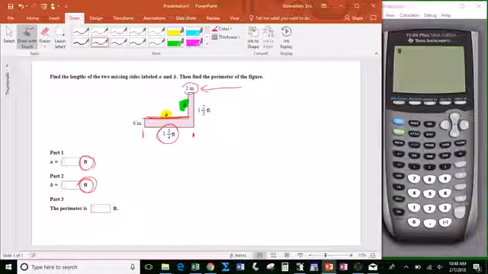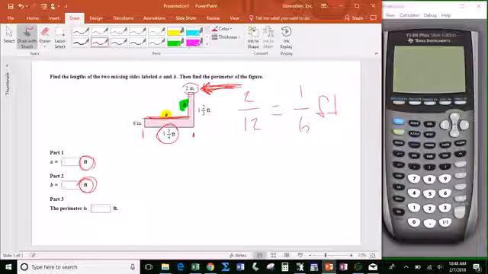A foot is 12 inches, so that 2 represents 2 out of the 12, which reduces to 1/6 of a foot. So 2 inches is the same as 1/6 of a foot.